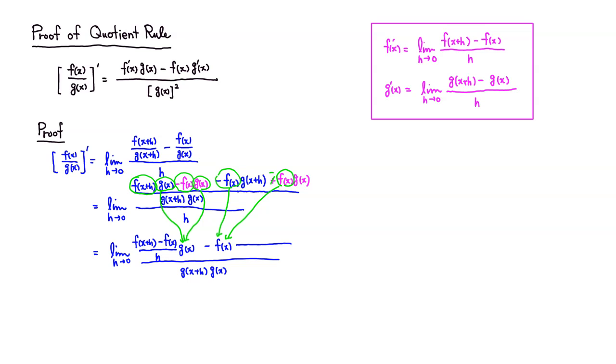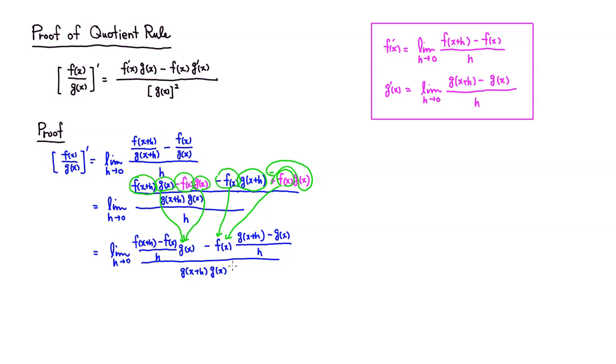What's left is g of x plus h from there, and then minus g of x. Again, I'm going to divide by h first, then after that divide by g of x plus h times g of x.